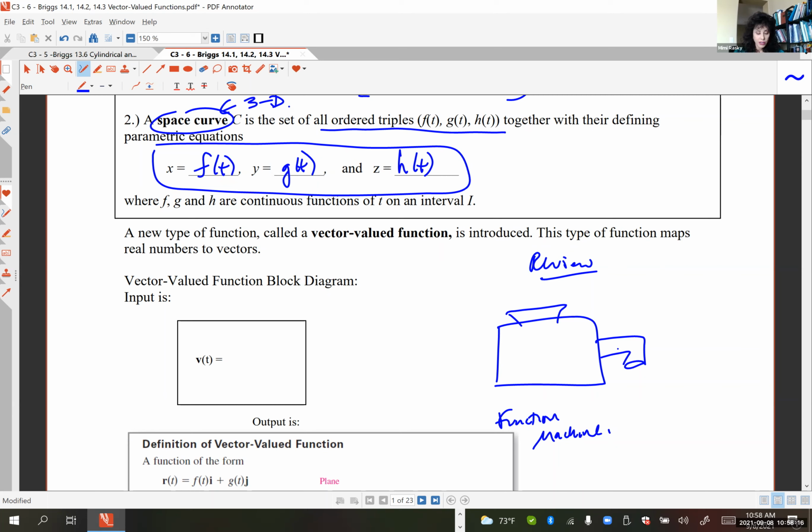That's all. So the review would be, let's say you had a function y equals f of x, okay? And you feed it some input and it gives you some output. Now, what kind of input are you giving this function of a single variable? This is known as a function of a single variable.